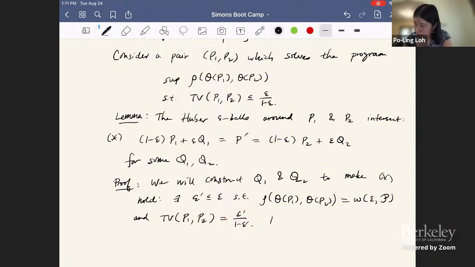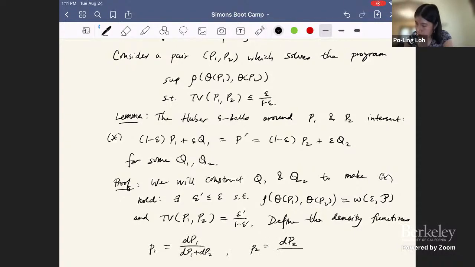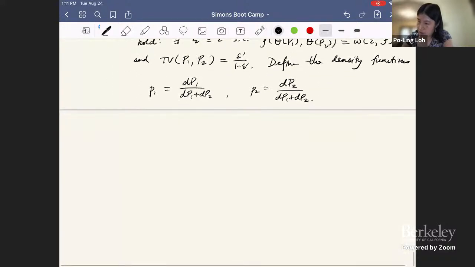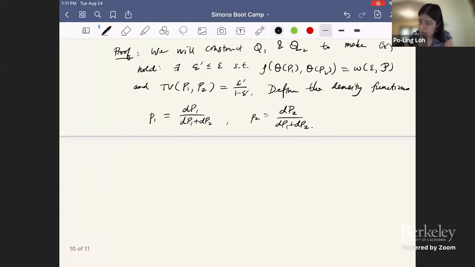So now define the density functions little p1 equals dP1 over dP1 plus dP2, and little p2 is dP2 over dP1 plus dP2. So this is just a rescaling of the densities.